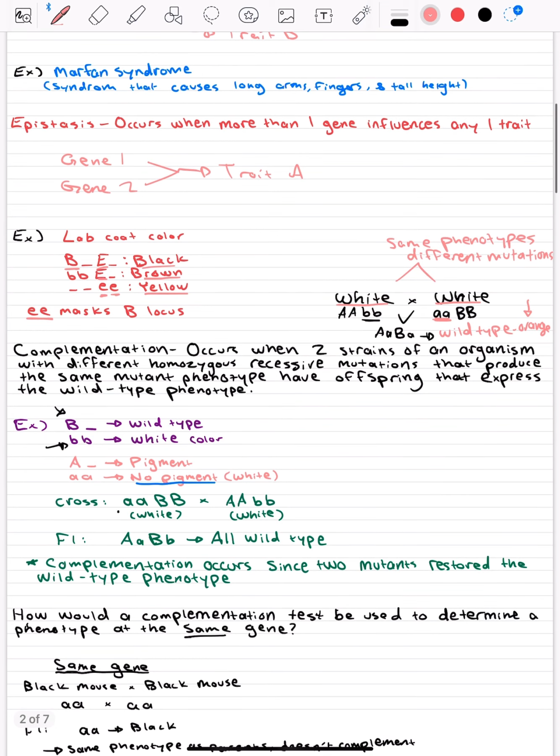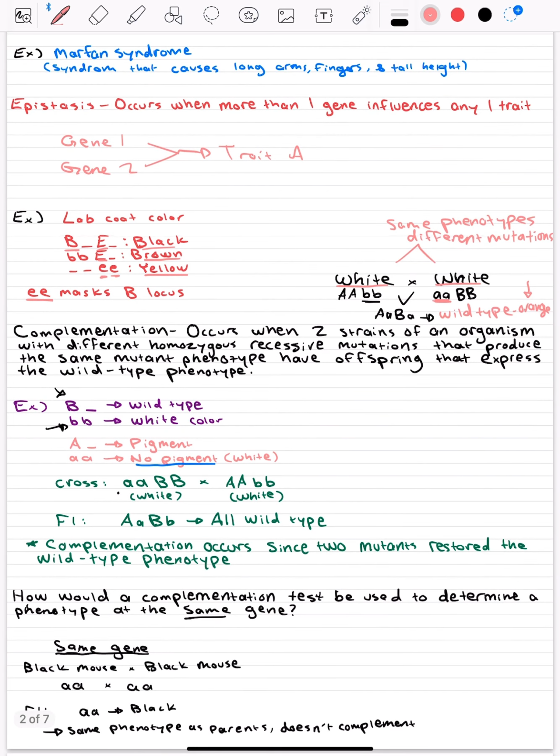So another example would be if we have the B allele right here. A big B codes for a wild type color. Two little b's code for a white color. The big A codes for the production of pigment. Two little a's code for no pigment, which ends up being albino or white.